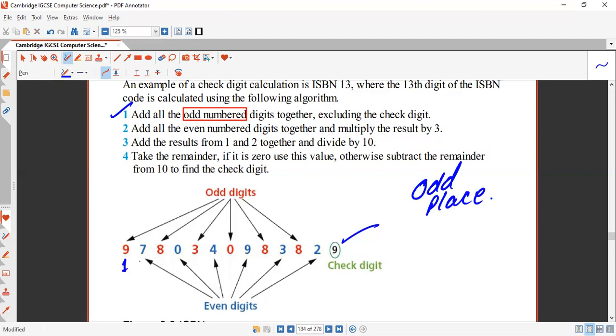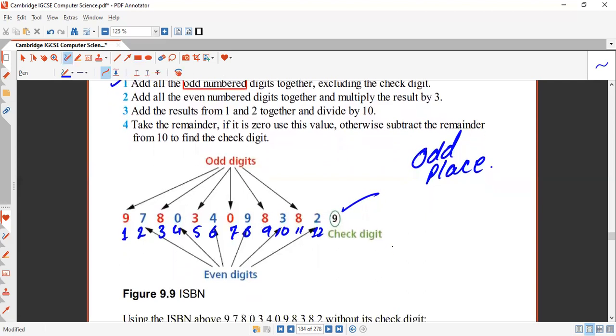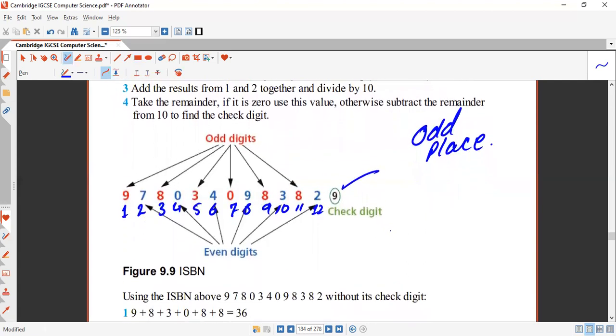So these are place numbers 1, 2, 3, 4, 5, 6, 7, 8, 9, 10, 11, and 12. The numbers placed on odd places, the red parts, are 9 plus 8 plus 3 plus 0 plus 8 plus 8, and I will get the answer 36. Is step number 1 clear to you guys?